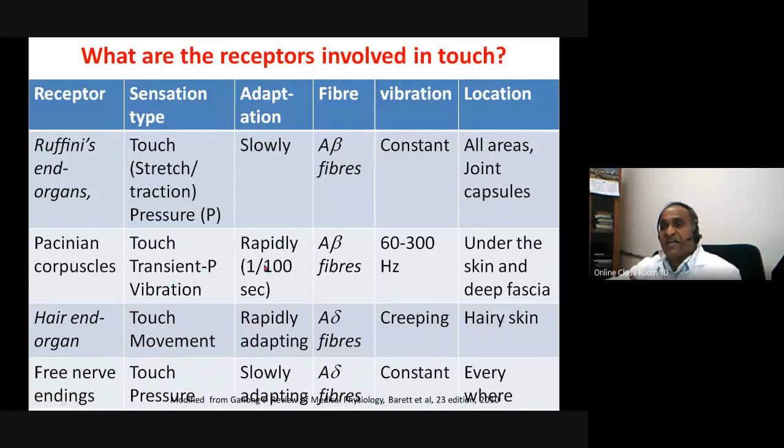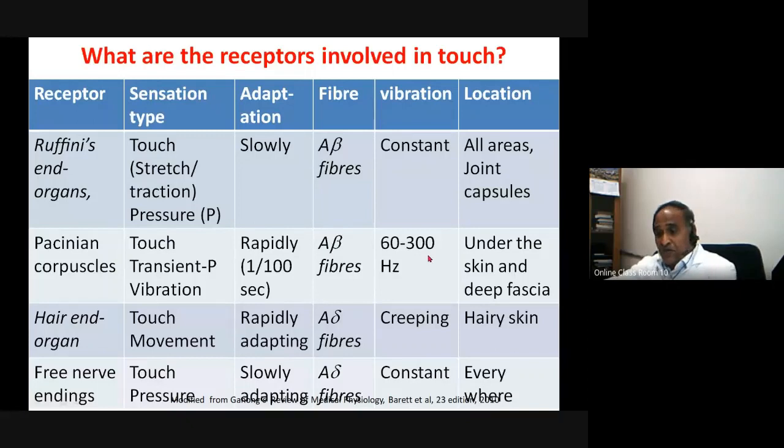These are rapidly adapting. They adapt within 1/100th of a second, 0.01 seconds. That means fast. They are carried by A beta fibers, and they detect vibration at a higher frequency, 60 to 300 hertz.